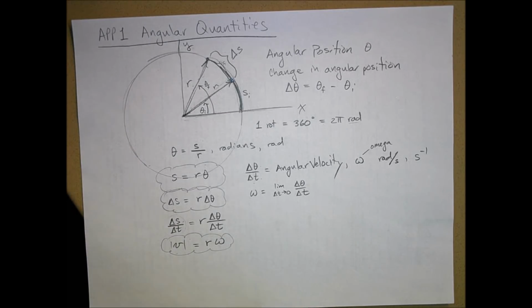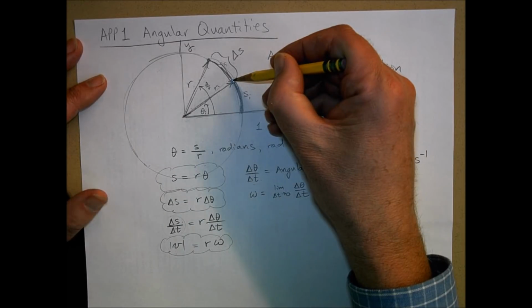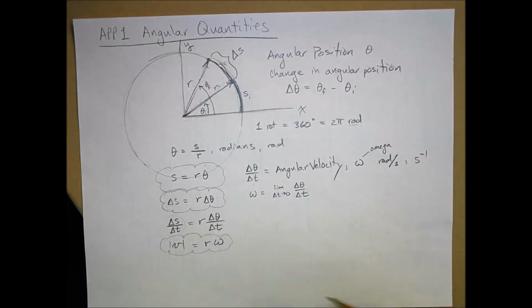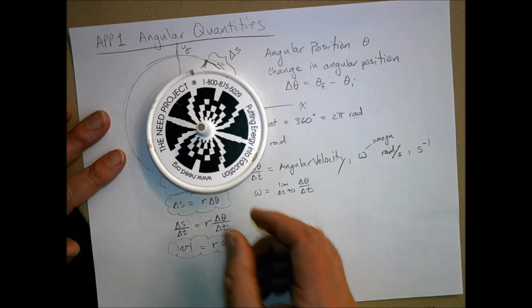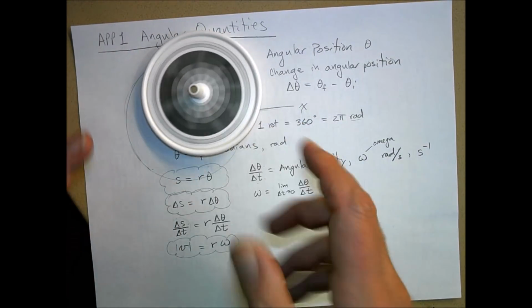Now, what if I make the little spot on the outside go faster and faster and faster? What if I am increasing the speed? That's what I'm doing here when I twist this with my fingers. While I'm twisting it, I'm accelerating it, right?